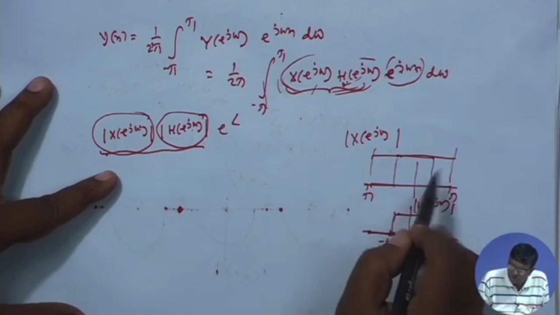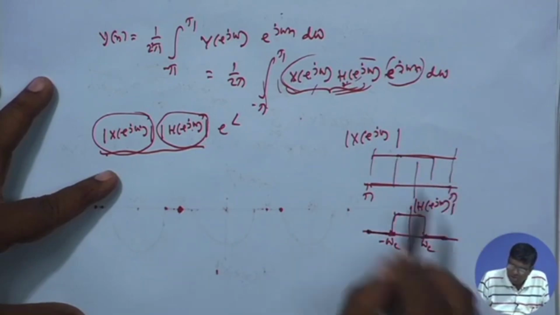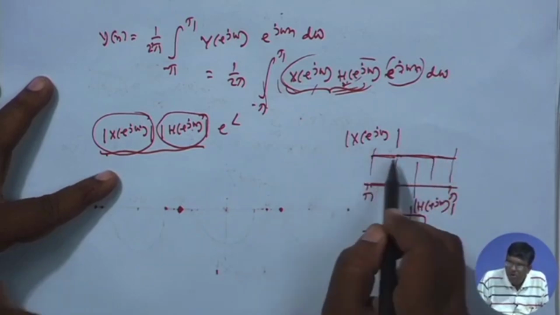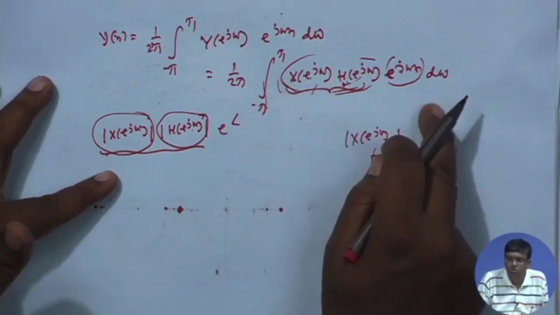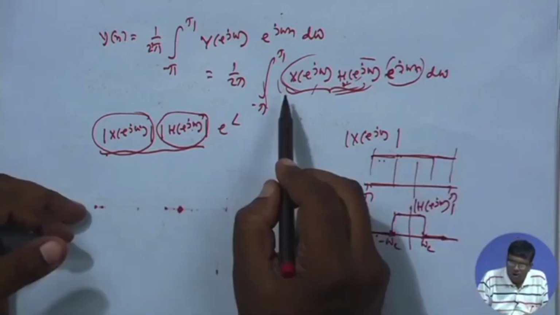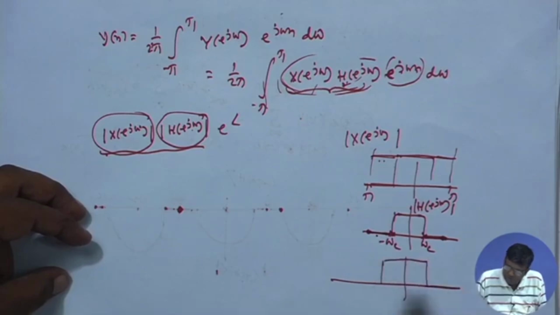So this part is non-zero. But in the other range of omega, whatever the input DTFT value, we call it spectrum, it will be multiplied by 0. So those frequencies will not go through. In the integral, they will contribute nothing. The output DTFT will be just a product of the two. So this part is absent, this part is absent.